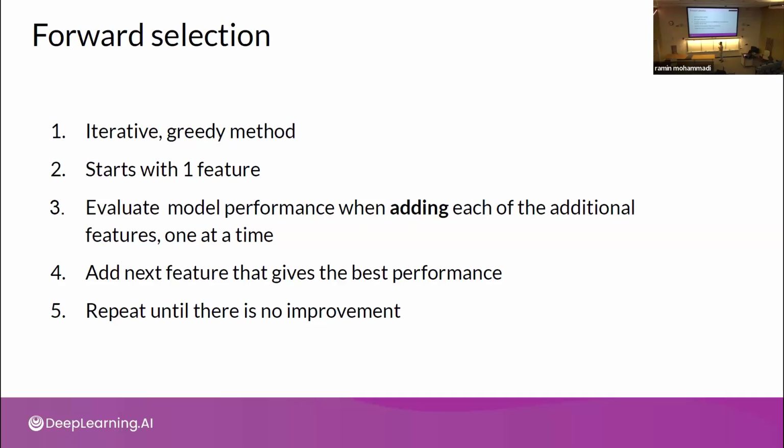Every run is not just one parameter, it's a list of parameters that you use for the model. But that's for hyperparameter tuning. What we are talking about here is feature selection. When I say it's a greedy method, that means it's similar to the idea of grid search. It goes across all the features and then decides what to keep at the end. But it's not what you are referring to. That's for hyperparameter tuning.